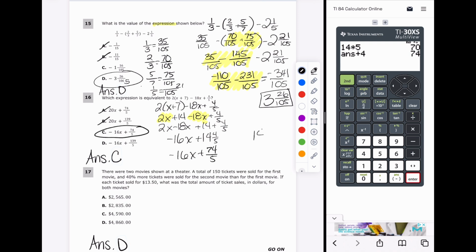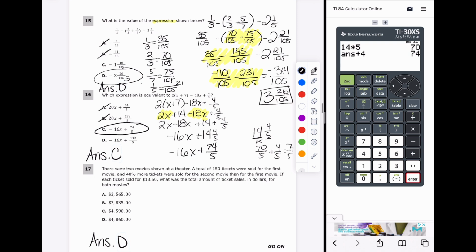All right, and for kids who are still struggling with how I got that, all I did was figure out if I had 14 whole numbers, 14 times 5, so I multiplied these two first to get 70, and then I added the other part. So I would have had 70 fifths plus 4 fifths, which is how I got 74 fifths. Okay, let's go down to the next one.